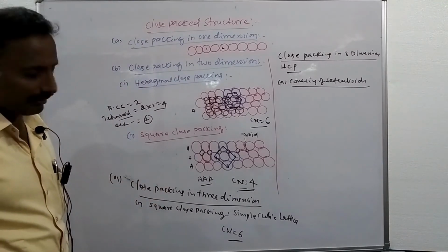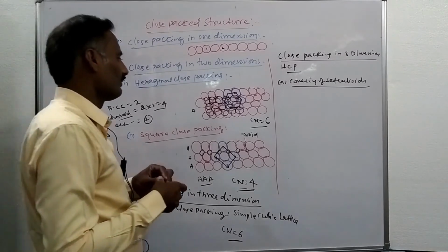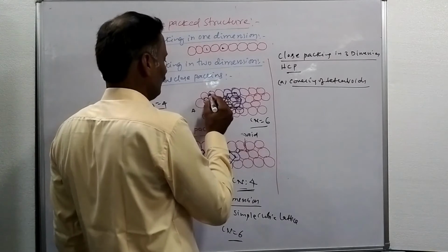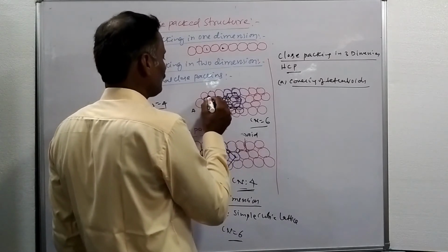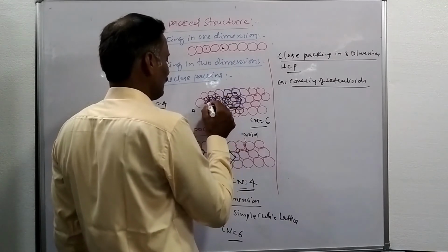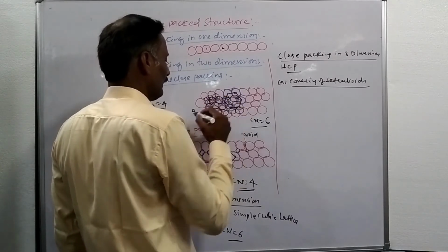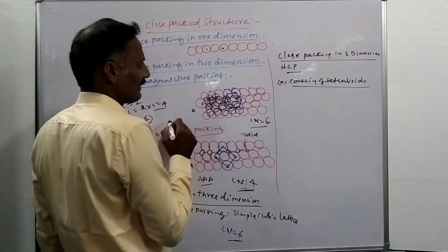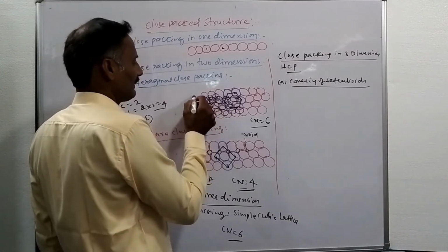Then if you place a third layer over the first layer, in the depressions of the second layer like this, so generating the third layer like this. This is called A type, the second layer is called B type, and the third layer is again A type.